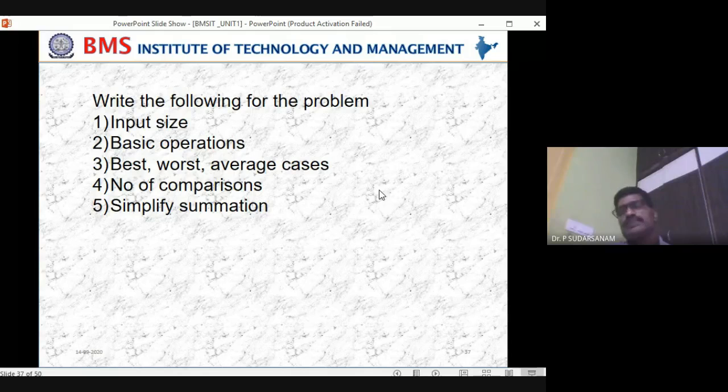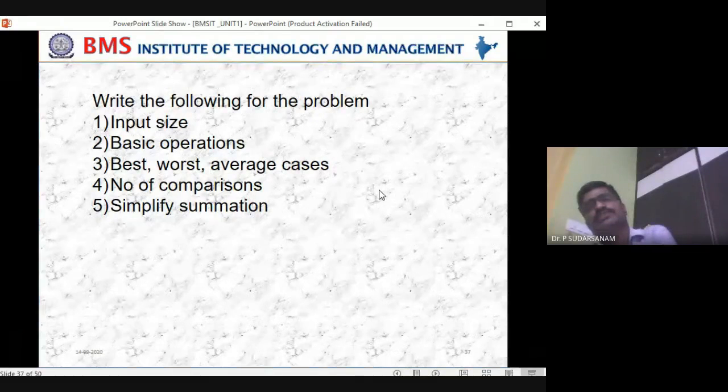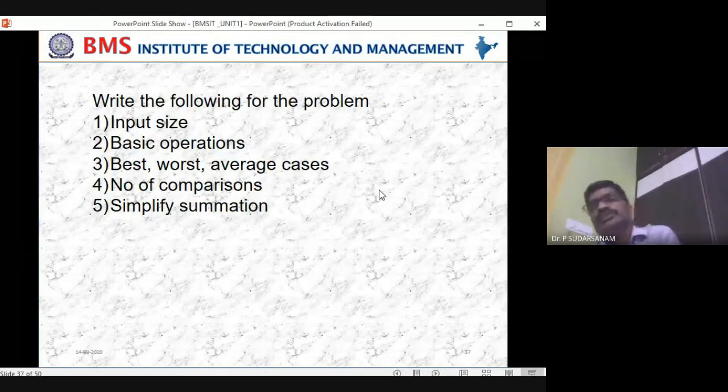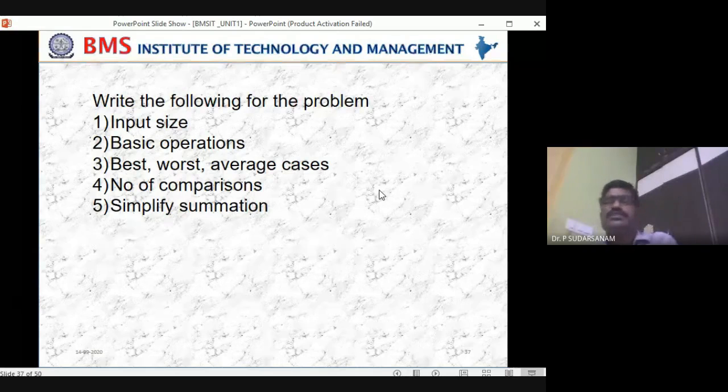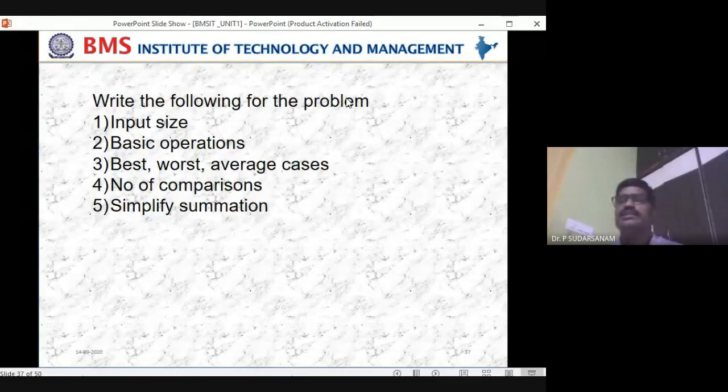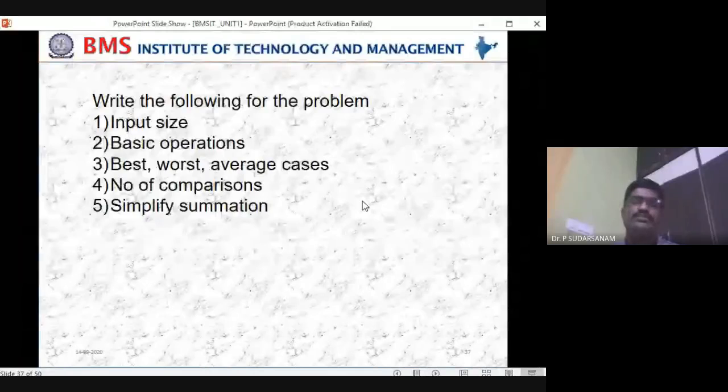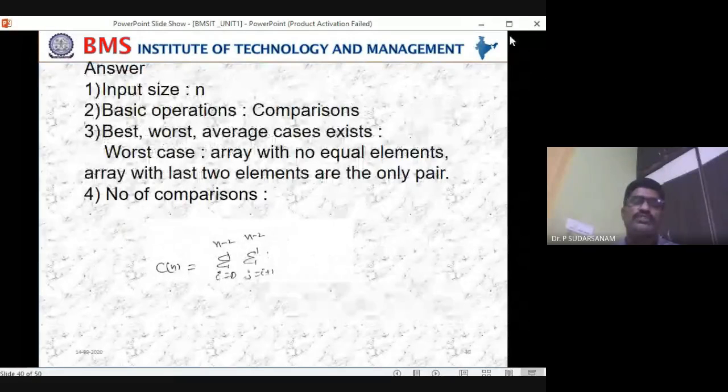You take 4 arbitrary values a1, b1, a2, b2. Based on those mathematical equations, we have proved that t1 of n plus t2 of n belongs to 2 times the maximum of that. That is one question. And recursive problems and non-recursive problems. This is the first unit.